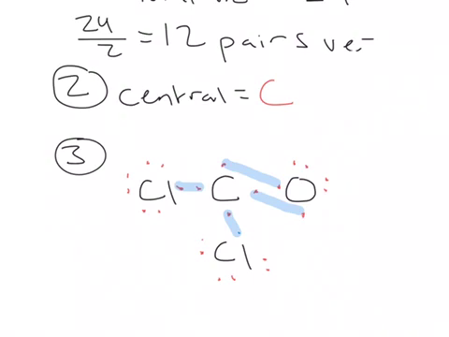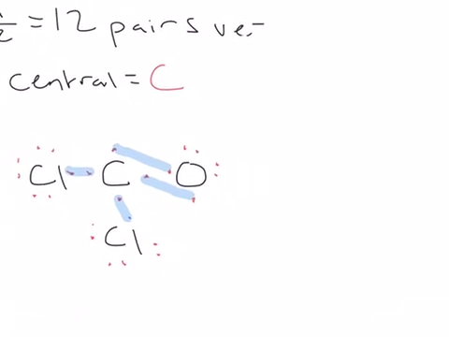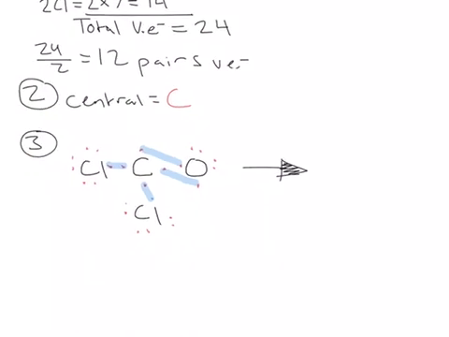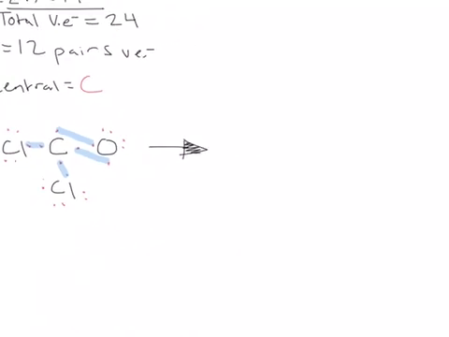So, as we write our full answer, the answer is C. There's a double bond with oxygen, and they leave 2 lone pairs on the side.